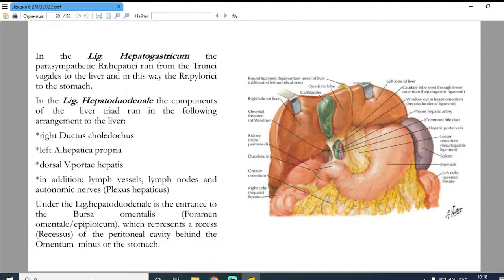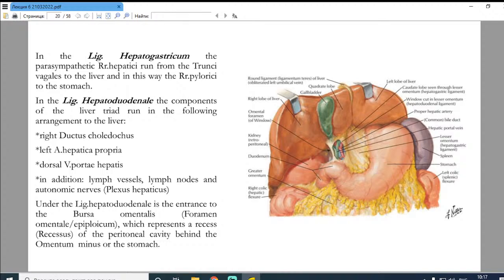In the ligamentum hepatoduodenale, the components of the liver triad run in the following arrangement to the liver. Right, ductus choledochus; left, arteria hepatica propria, in red color; and dorsal, vena porta hepatis, in blue color.